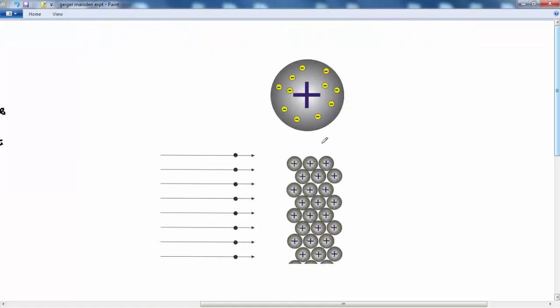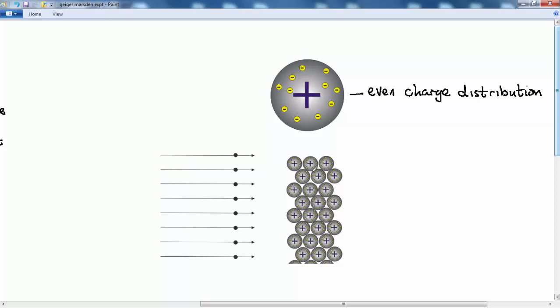The plum pudding model said that the atom consisted of a whole load of positive material with negative particles dispersed evenly throughout that material, like the currants in a plum pudding cake. The key point here is that both the positive and the negative charges are evenly distributed.